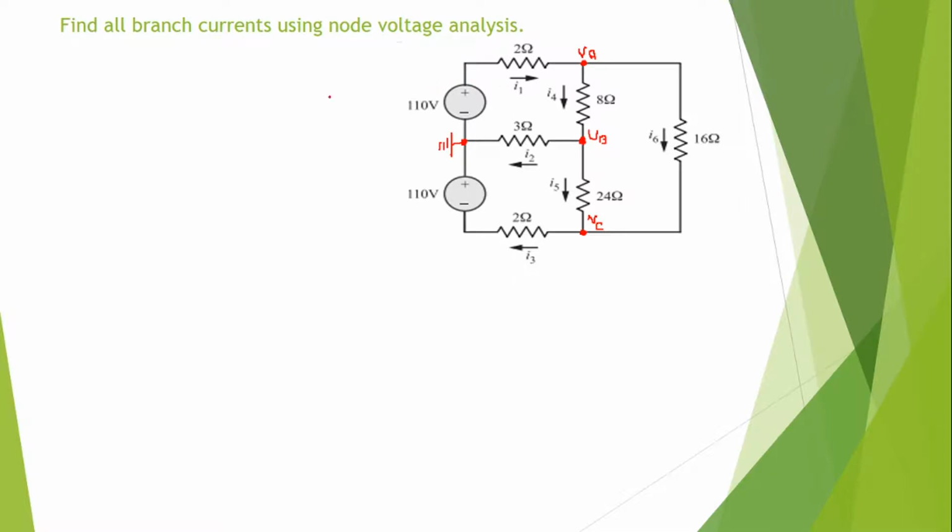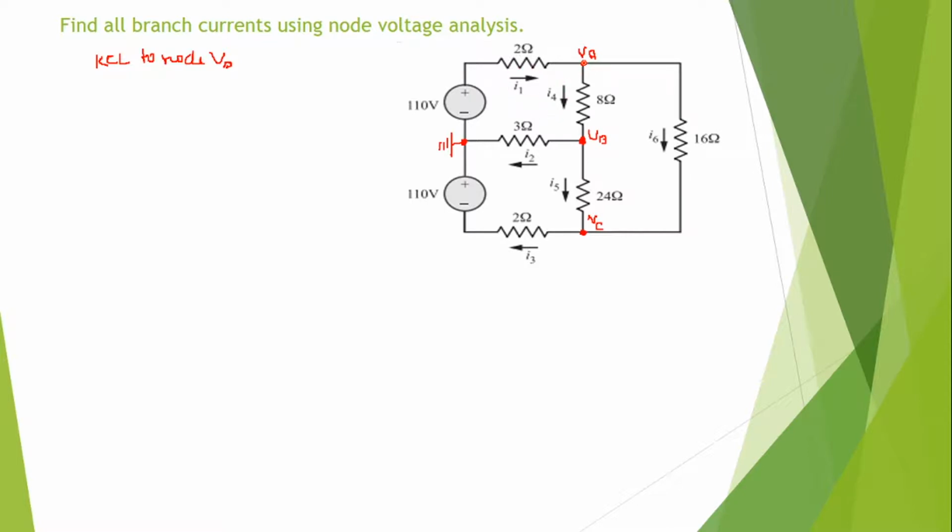Now apply KCL to each node. So by applying KCL to node VA, what happens? Though it is this current direction, we will assume our own direction.